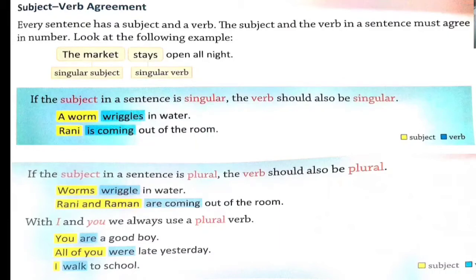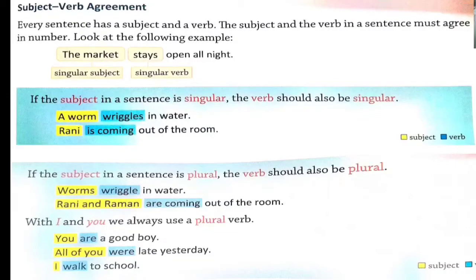Here you can see, for you, you have to use are. All of you were is used in plural form in past tense because it is yesterday. I walk is also a verb without any S or ES. So when the subject is you or I, they are plural pronouns.